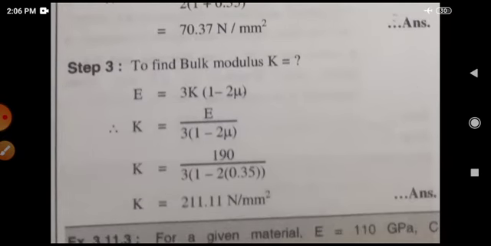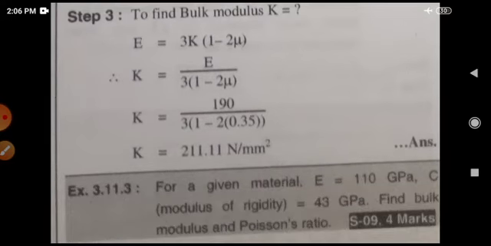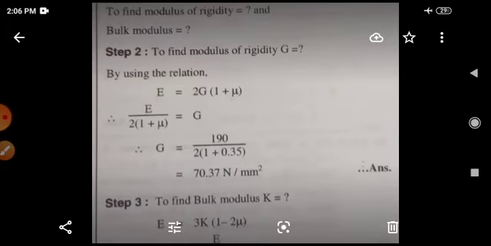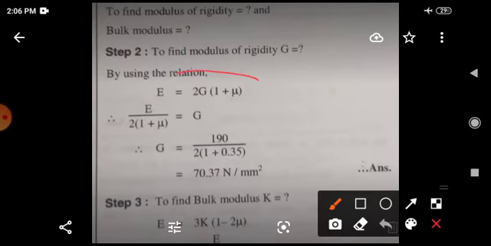You will get K equal to E upon 3 into 1 minus 2 mu, which is equal to 190 upon 3 into 1 minus 2 into 0.35, which will be equal to 211.11. This is the value of bulk modulus. These two formulas for bulk modulus and modulus of rigidity are very important, you have to keep them in mind.